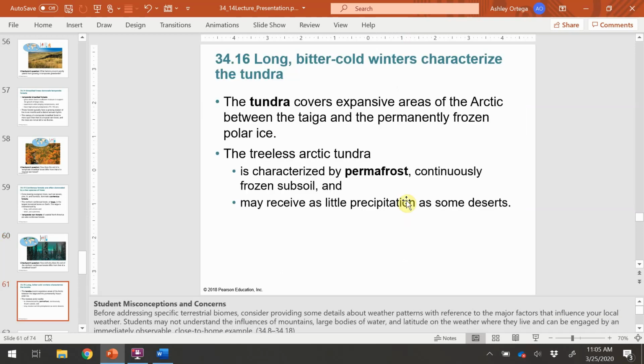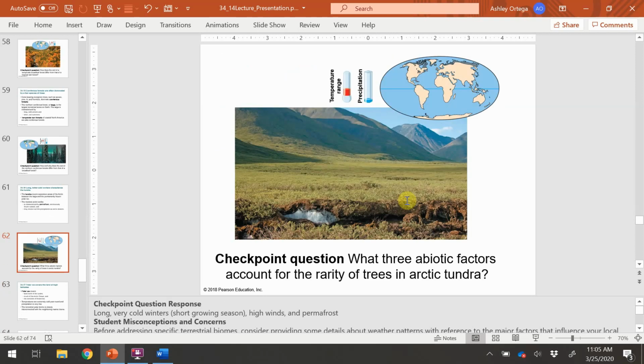All right, so moving to the tundra here. This is known for having permanently frozen ice, which is called permafrost. That is frozen subsoil, so it's underneath the grassy regions. And it has very little precipitation, almost equivalent to the amount desert regions get.